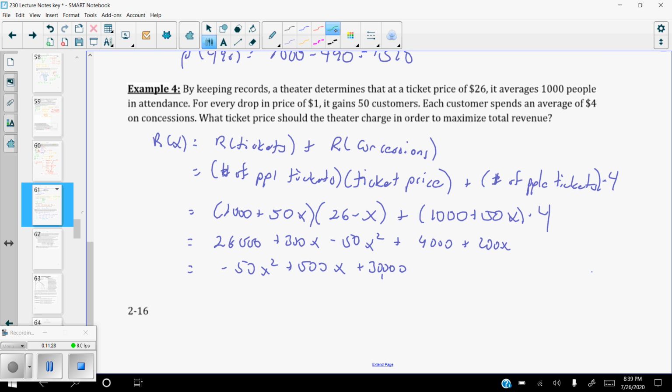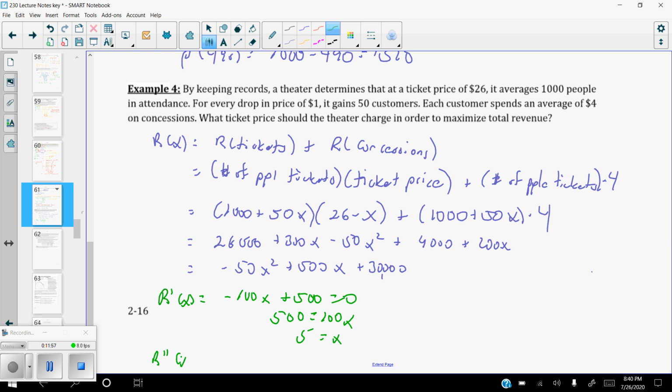So let's go ahead and take the derivative of R. So we get R prime of x, which is negative 100x plus 500. We have to set that equal to 0. Setting that equal to 0, if I add 100x to both sides and then divide by 100, we get that x must be 5. Let's go ahead and double check that this is going to give us a maximum.